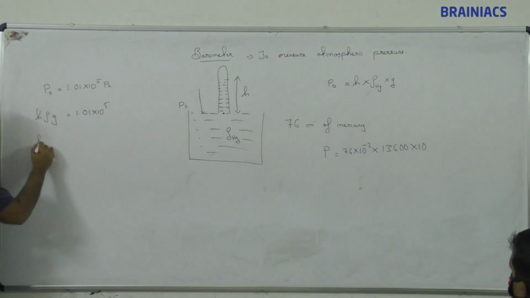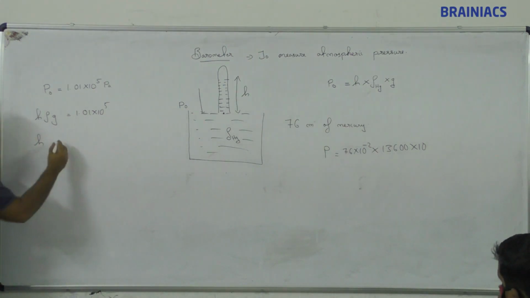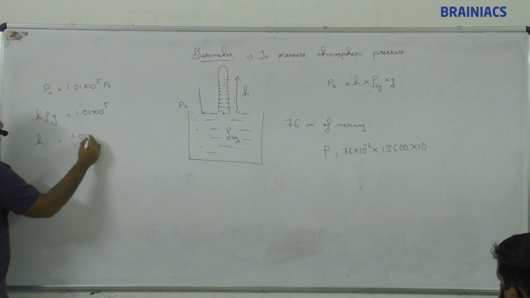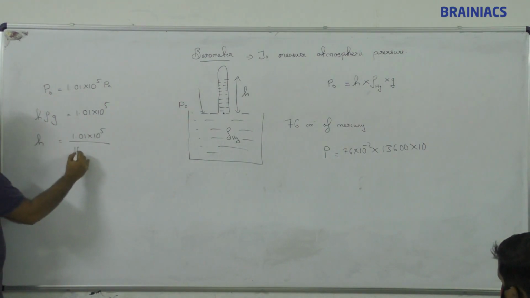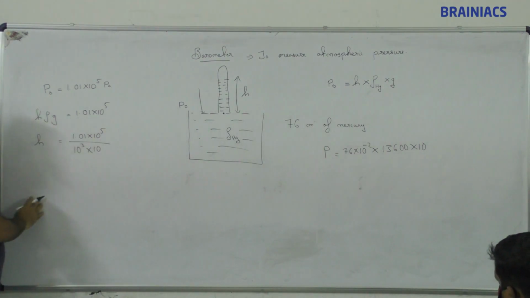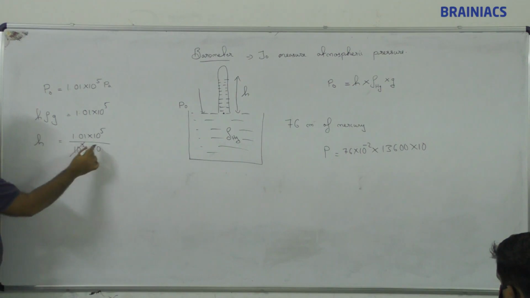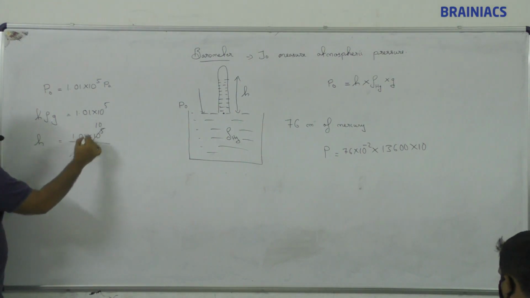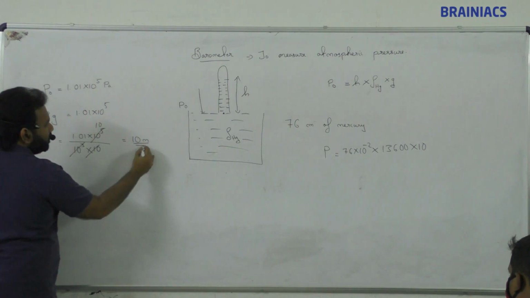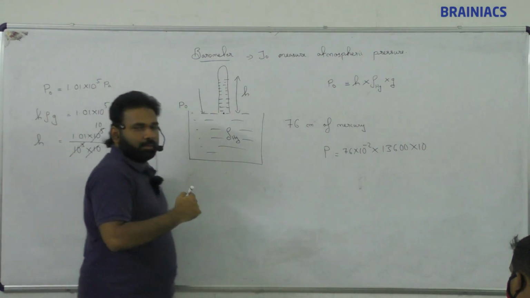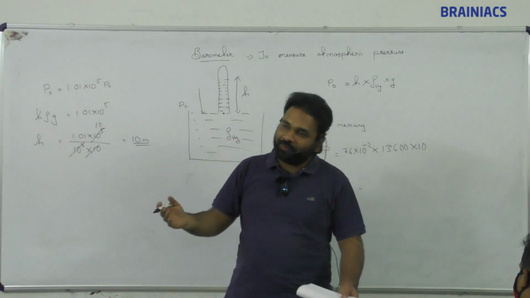Now suppose if water we are using, then H is going to be 1.01 into 10 raised to 5 divided by density of water, which is 10 raised to 3, into 10. So how much is this going to be? Approximately 10 meter.